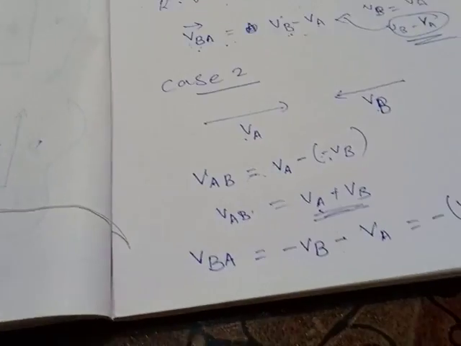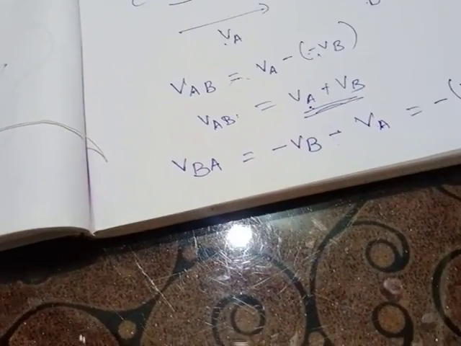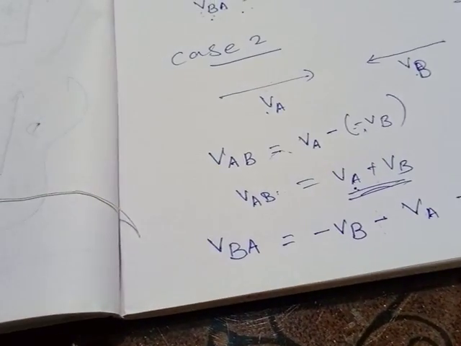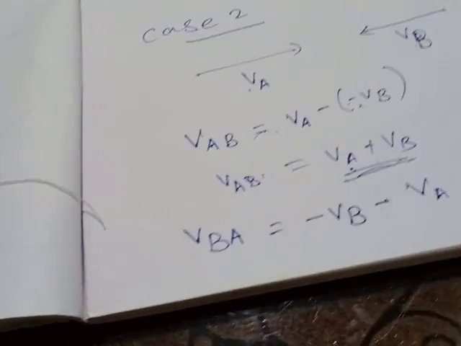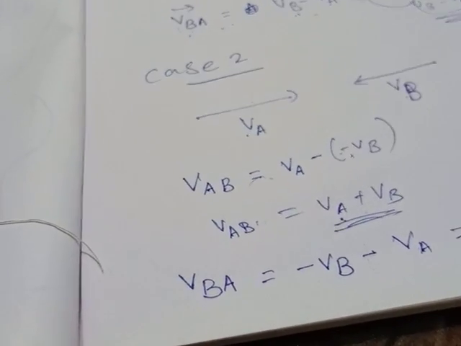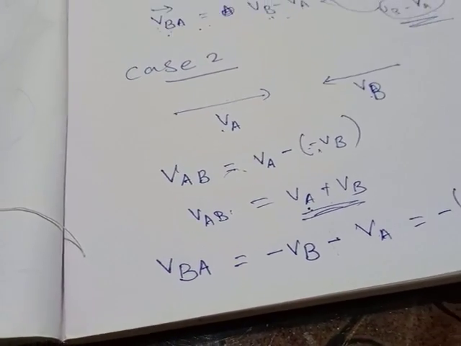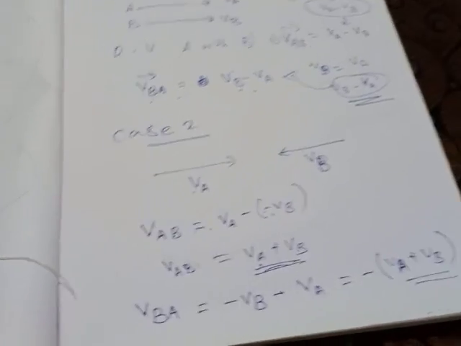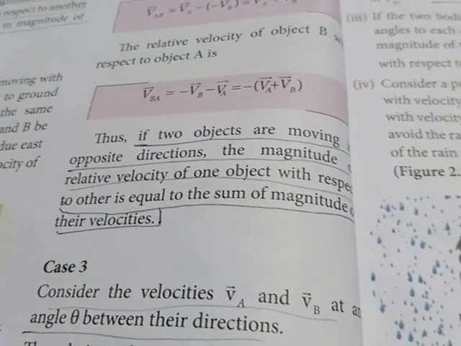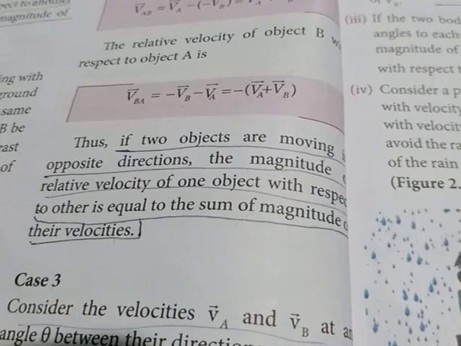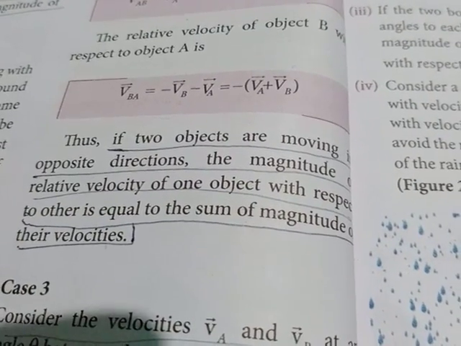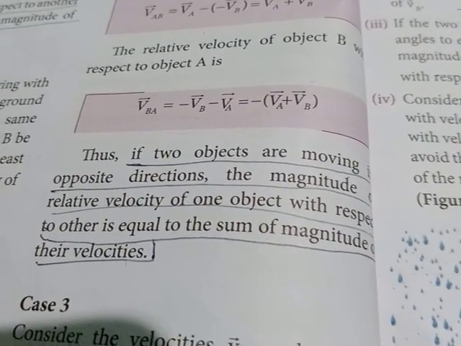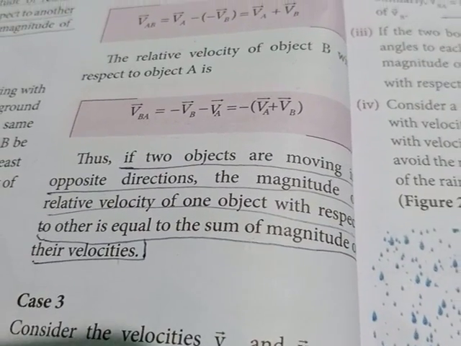So we add both the car velocities, and we get the relative velocity of one object with respect to another. You can take this conclusion, take a screenshot of this. If two objects are moving in opposite directions, then the magnitude of the relative velocity of one object with respect to the other is equal to the sum of the magnitudes of their velocities.